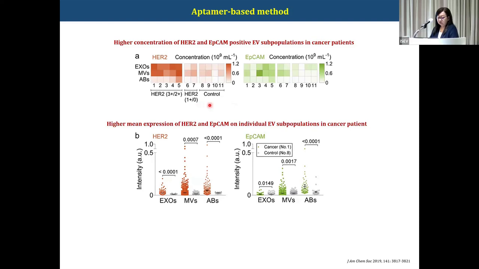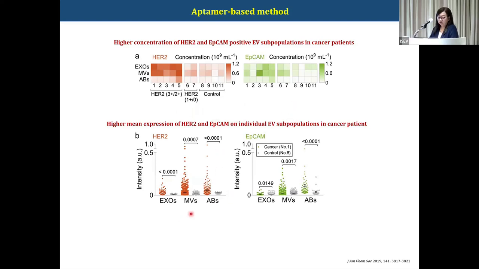And EVs in serum were sorted by size into small EVs, microvesicles, and apoptotic bodies. The concentration of HER2 positive EVs was higher in stage 2 patients than stage 1 patients, and also the healthy controls. The EpCAM positive EVs were higher in patients compared to the healthy controls.